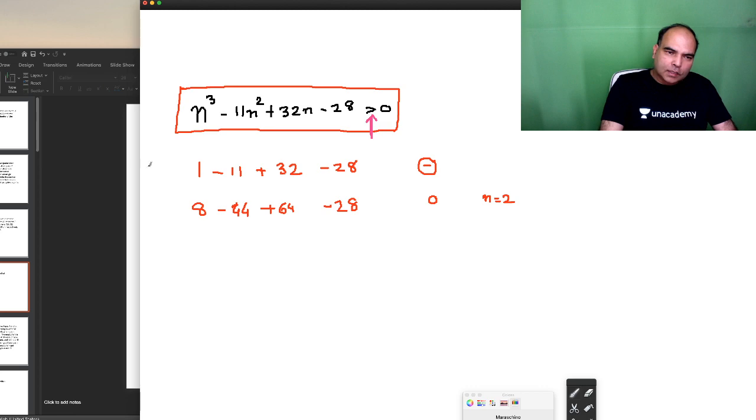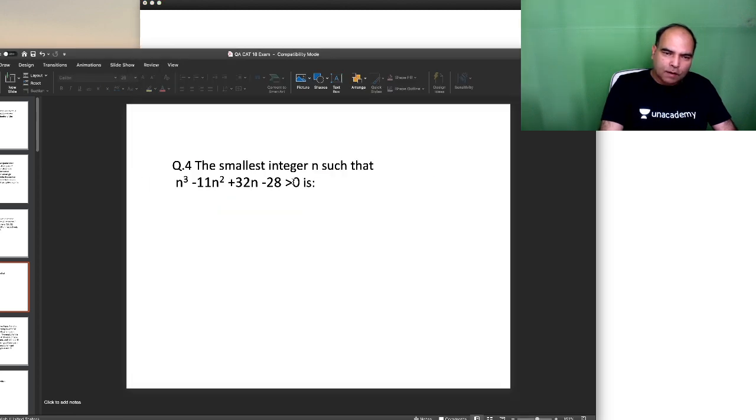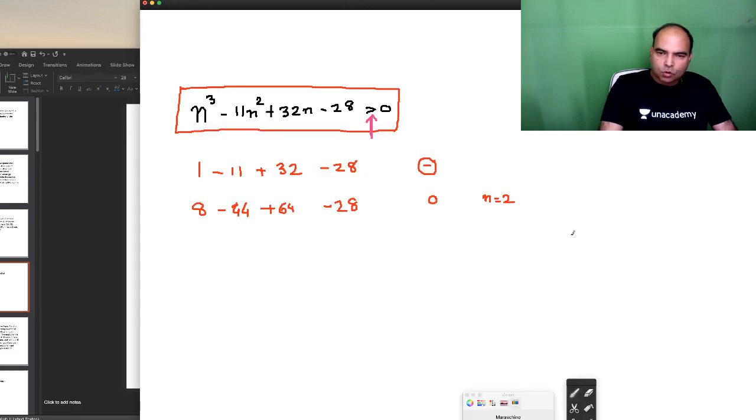But they have not asked us for equal to 0, they have asked us for the expression to be greater than 0 only. So n equals 2 पे ये 0 आ रहा है, so this is not qualifying for the smallest integer that gives me a value which is positive for this expression.